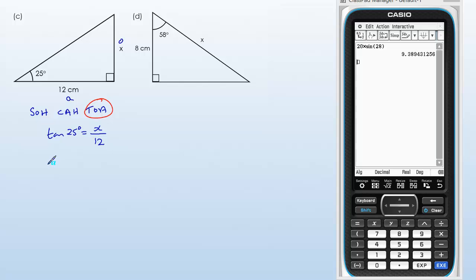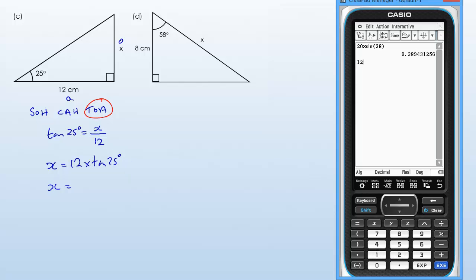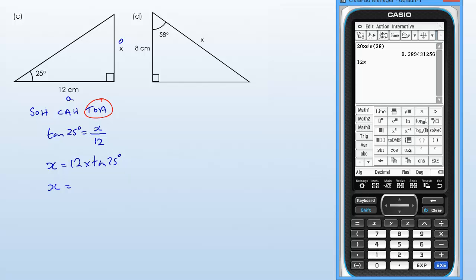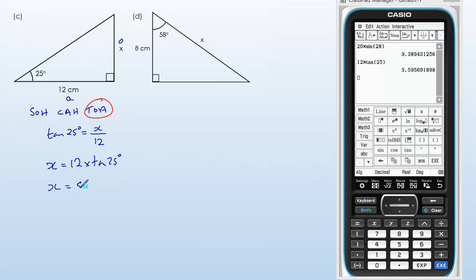And then it's the same pattern we've had before, or we could go and use the activity. So 12 times tan 25 degrees, and then we just need to calculate that. So that's 12 multiplied by tan 25 gives us 5.60, and again centimeters to 2 dp.